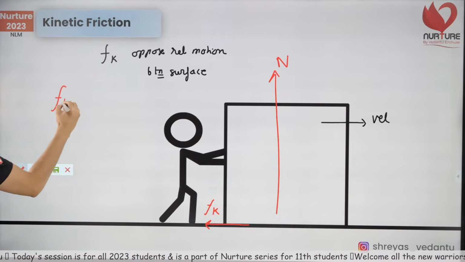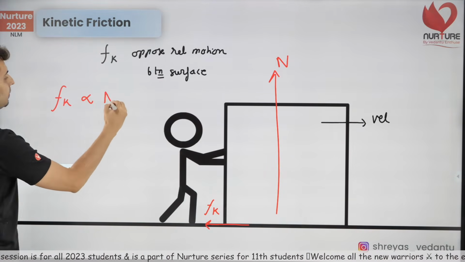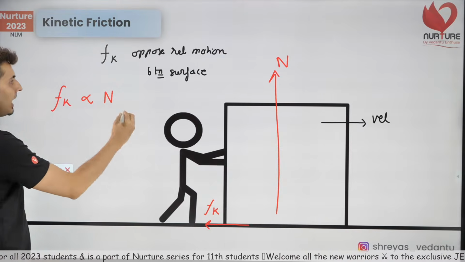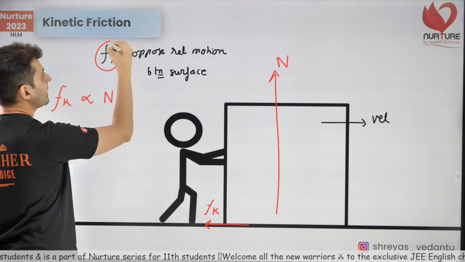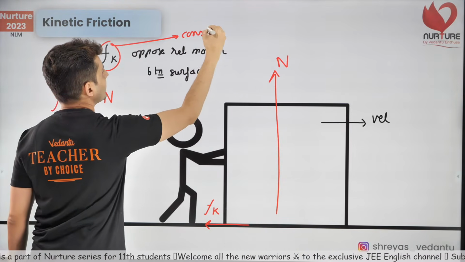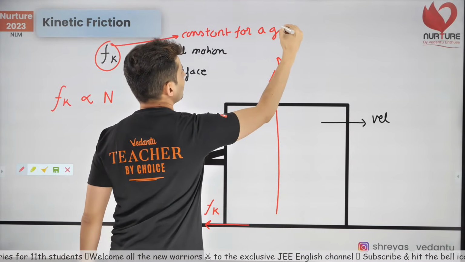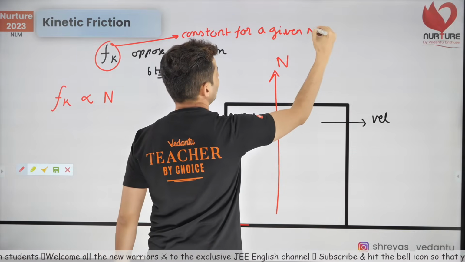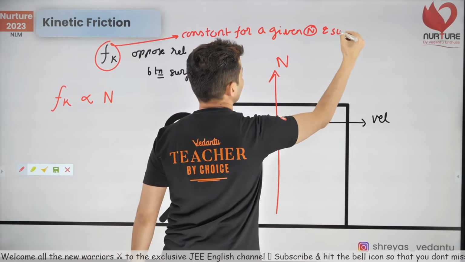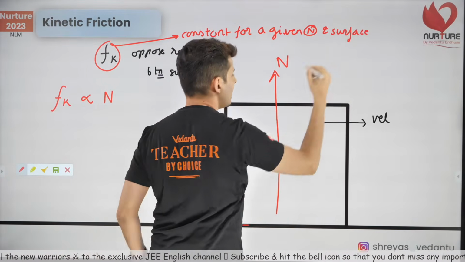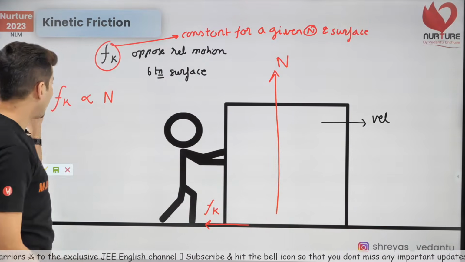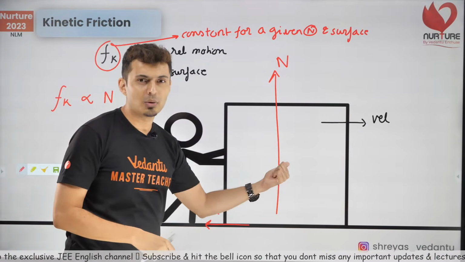Experimentally, it is found that this Fk is proportional to the normal force, and this Fk, remember, is constant. It's constant for a given normal and surface. So if you have one body and the normal is fixed, then Fk won't change. I just showed it to you in the animation.